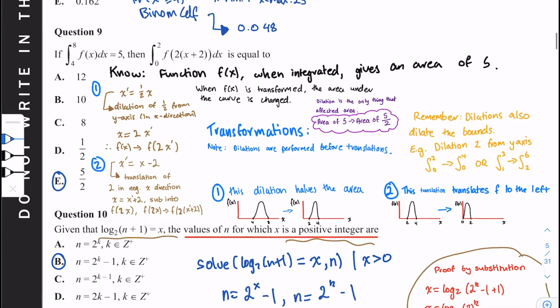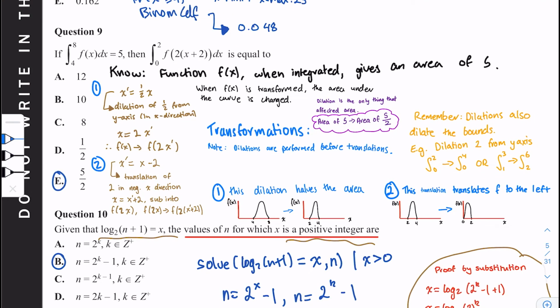That's basically why we always do dilation first. Now we know all the x values are being halved, and all the x values are being moved 2 to the left.